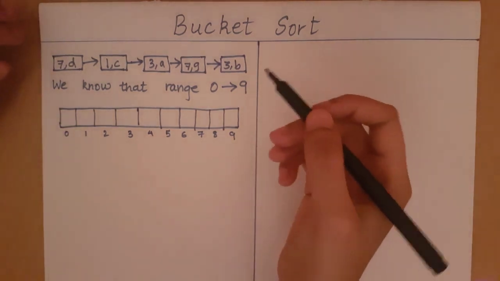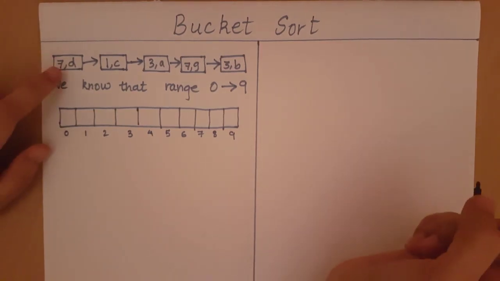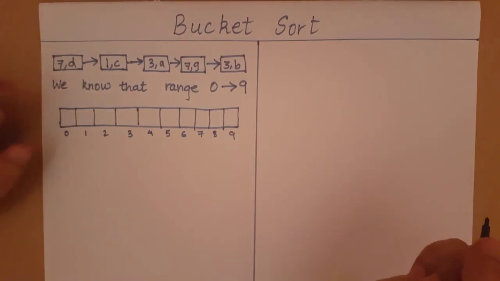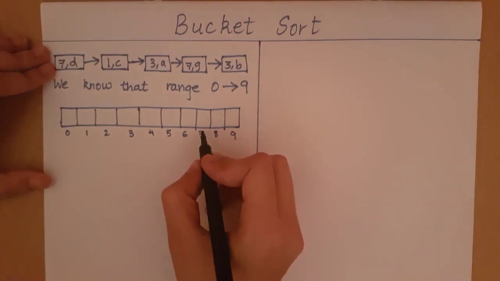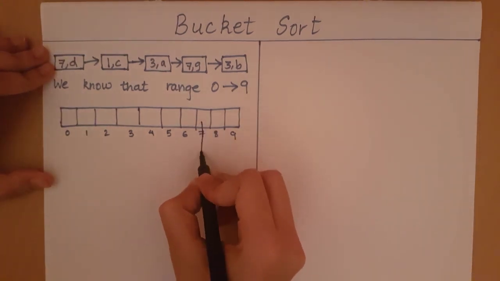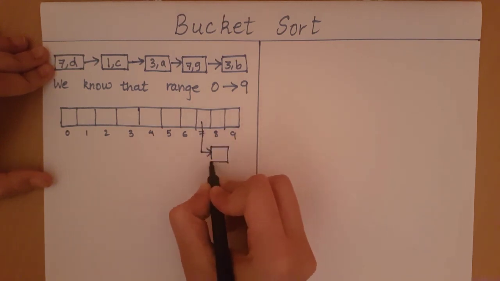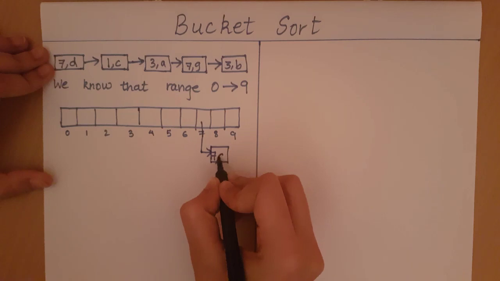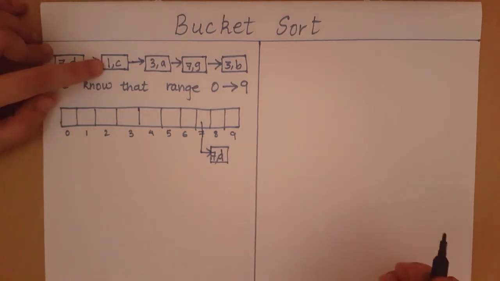Now I am going to traverse the initial list one by one. First I will look at 7D. Since the number here is 7, I am going to create a linked list at position 7 pointing to the node 7D. Now I will go to 1C.